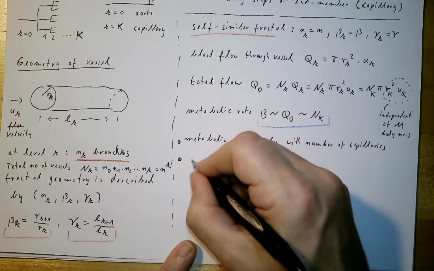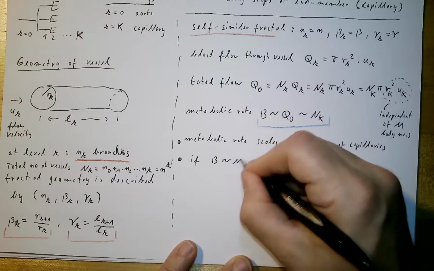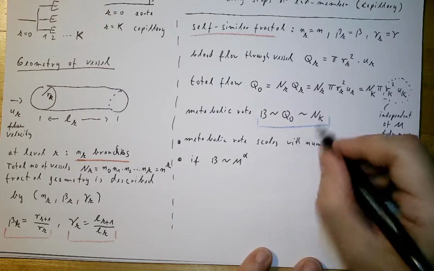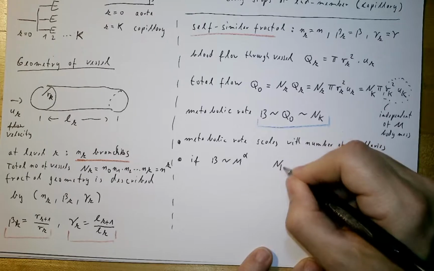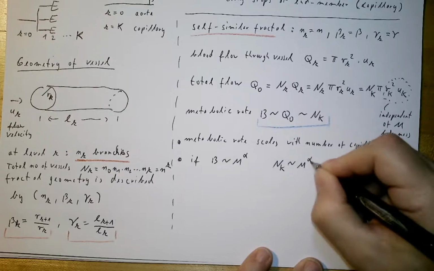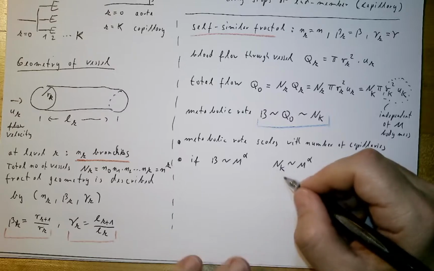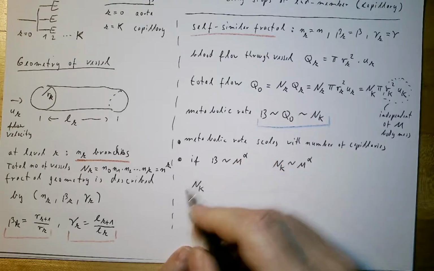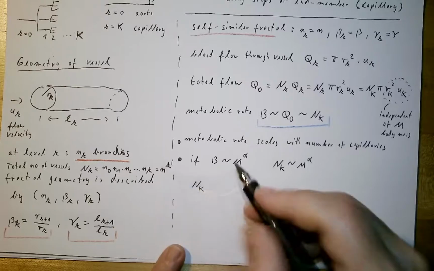If the metabolic rate scales with body mass to an exponent alpha, then directly we know that the number of capillaries should also scale with the body mass to the power alpha. But the number of capillaries, that's Nk that we saw here, is just the branching ratio to the power k.